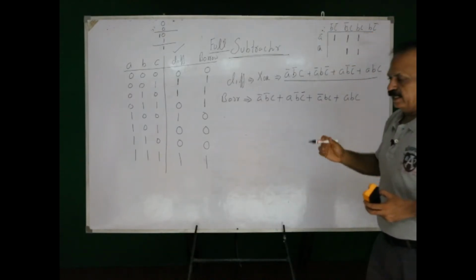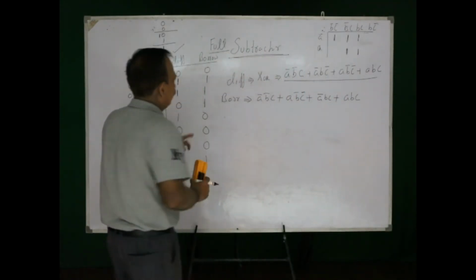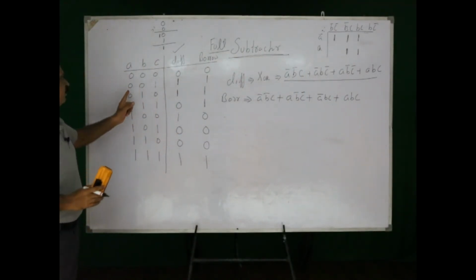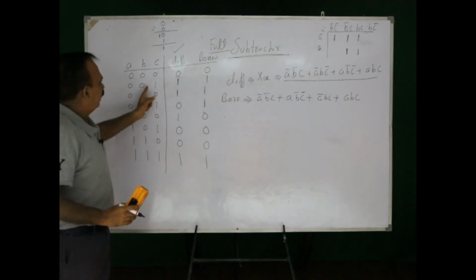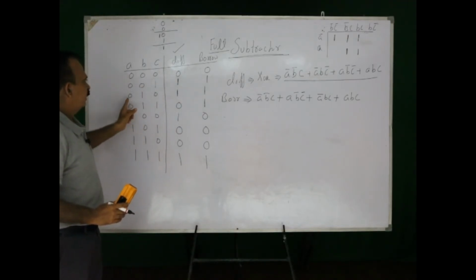Please, I will check it again, because I feel there is some confusion. So the first one is A bar B bar C, yes, it is there.